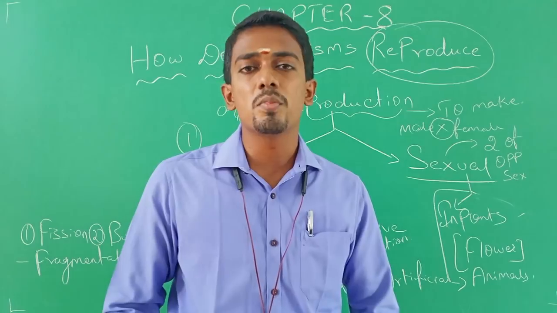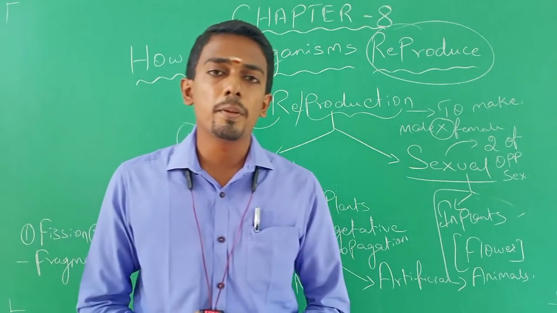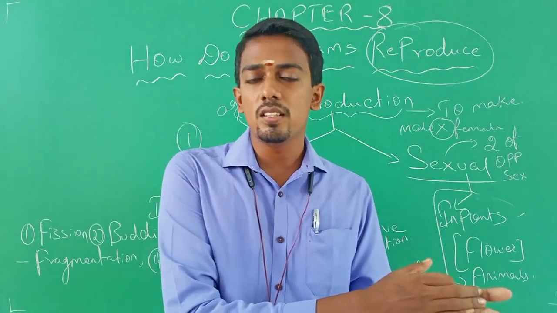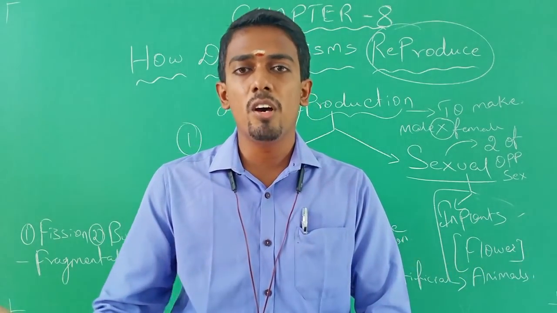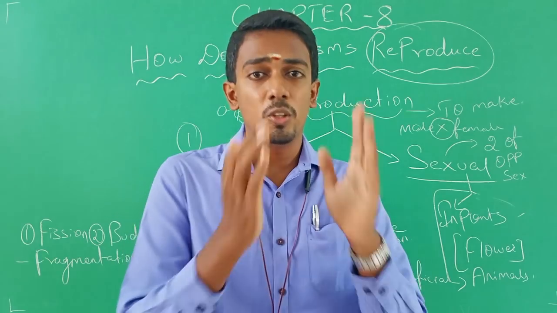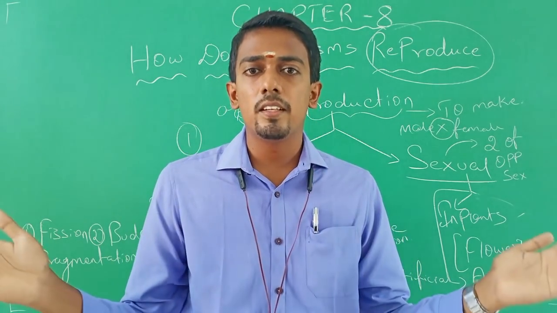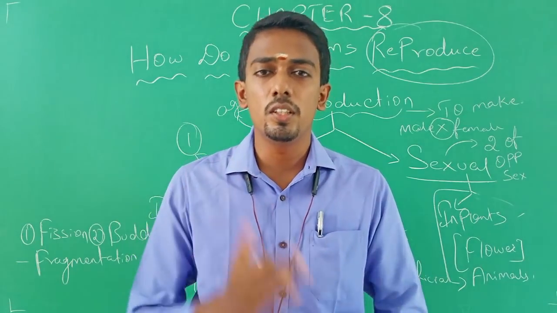Bacteria are unicellular organisms. Even some primitive organisms like amoeba are unicellular. Bacteria are prokaryotes, and some organisms like amoeba are eukaryotes. But though they are unicellular, they reproduce simply by dividing their cell along with the nucleus.